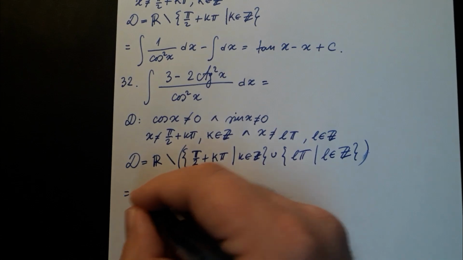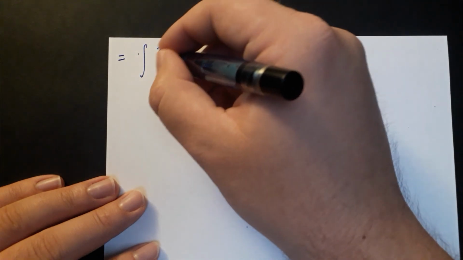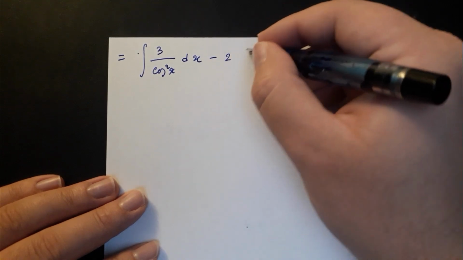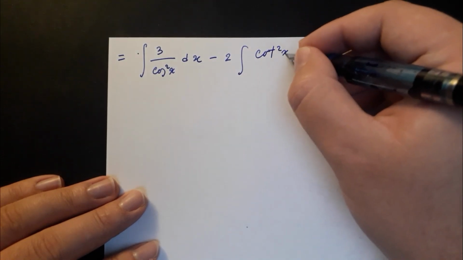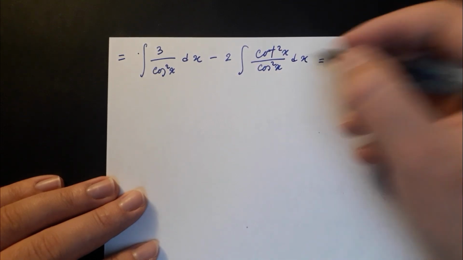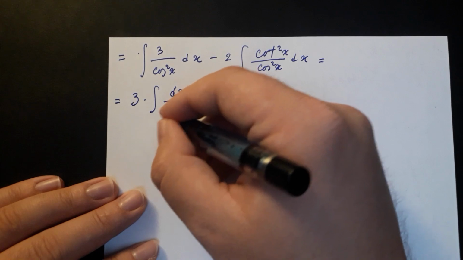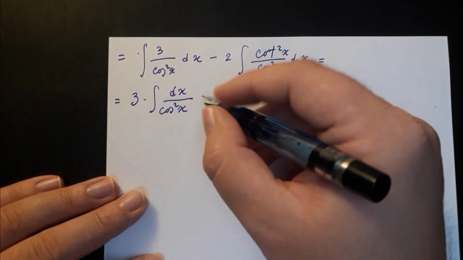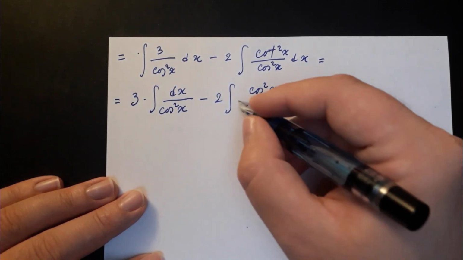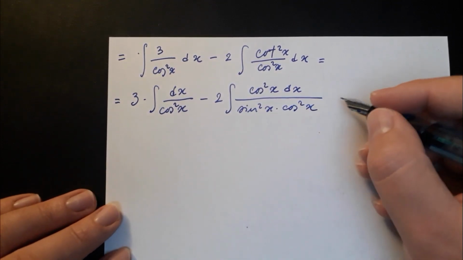Our integral is then equal to an integral of 3 divided by cosine squared of x dx minus 2 integrals of cot squared of x divided by cosine squared of x dx. This is then equal to 3 times an integral of dx divided by cosine squared of x minus 2 integrals of cosine squared of x dx divided by sine squared of x times cosine squared of x.